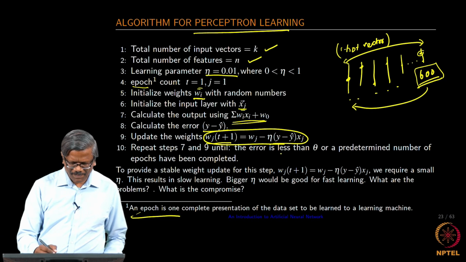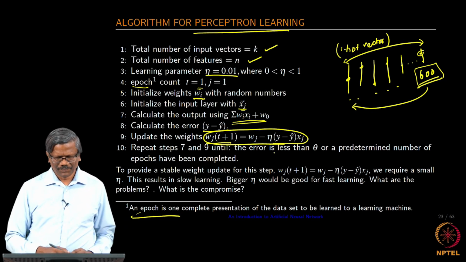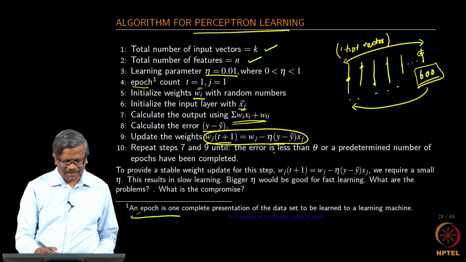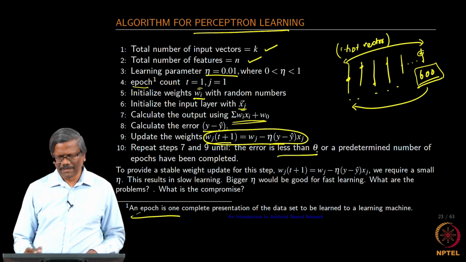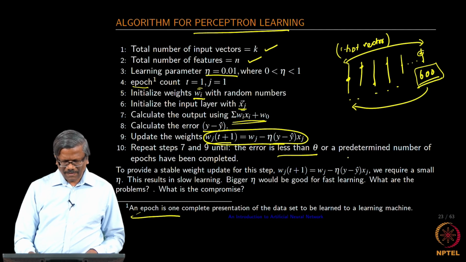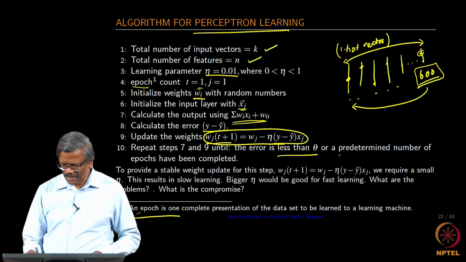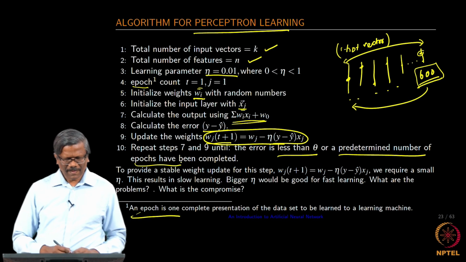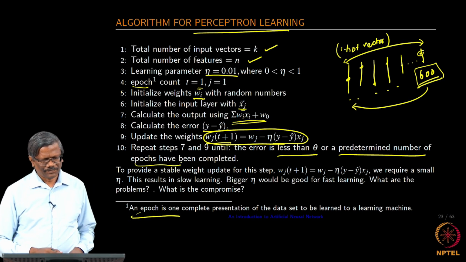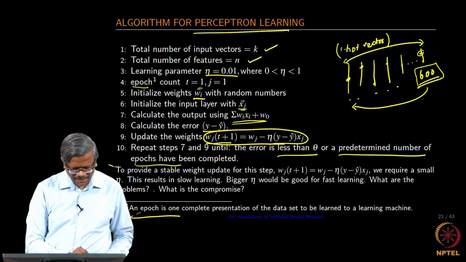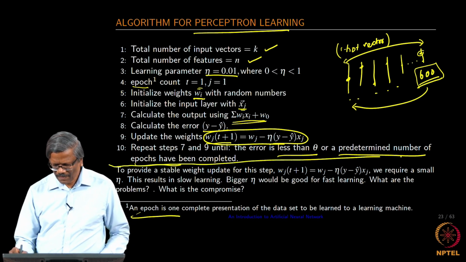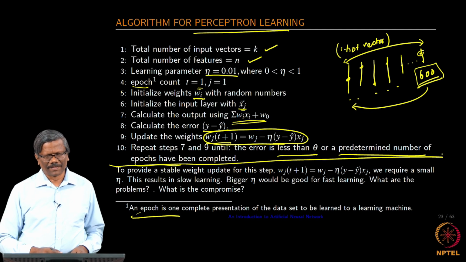Then repeat steps 7 through 9 until the error is less than a given threshold or a predetermined number of epochs are completed. Okay. So, these are the 10 steps that you have to make the perceptron learn.